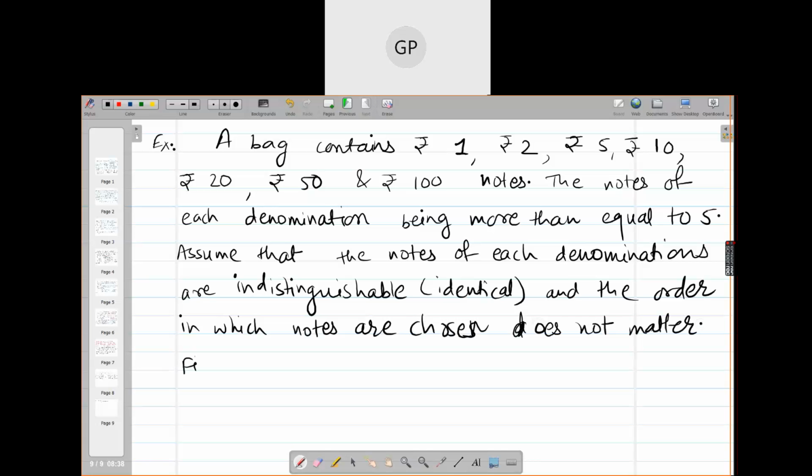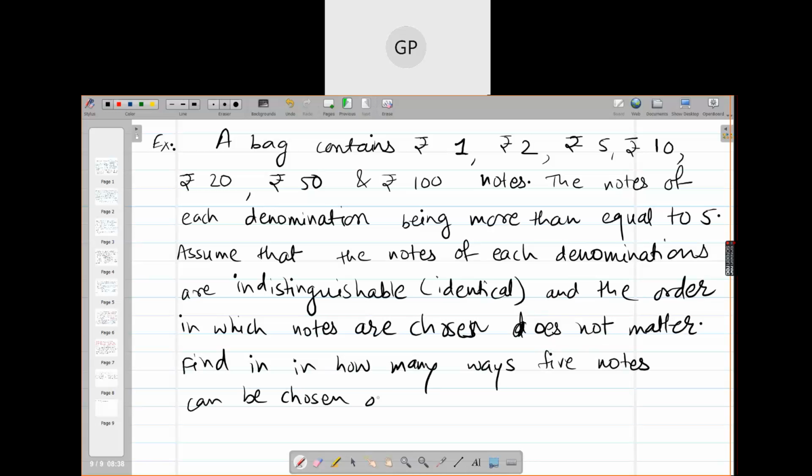Find in how many ways five notes can be chosen out of the bag.